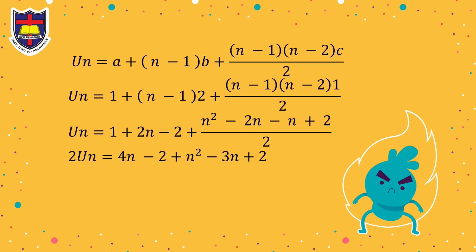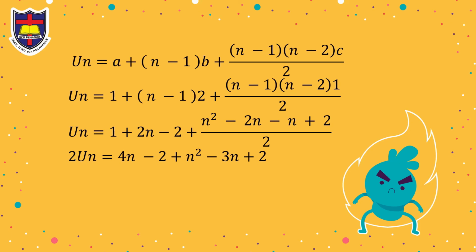Terus tambah n kuadrat, min 2n, min n, min 3n, tambah 2. Nah, tadi kan kita dapat 2 dikurangi 4. Nah, 2 kurang 4, kita dapat jadinya min 2. Jadi kita punya 2Un sama dengan 4n min 2 tambah n kuadrat min 3n plus 2.